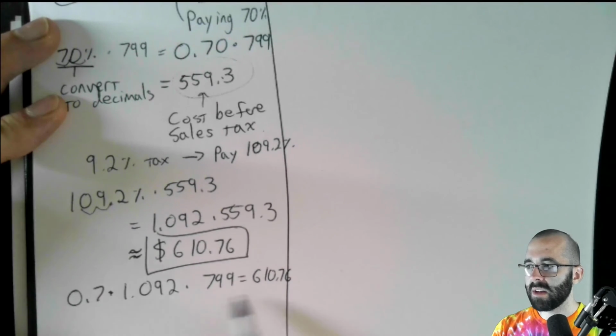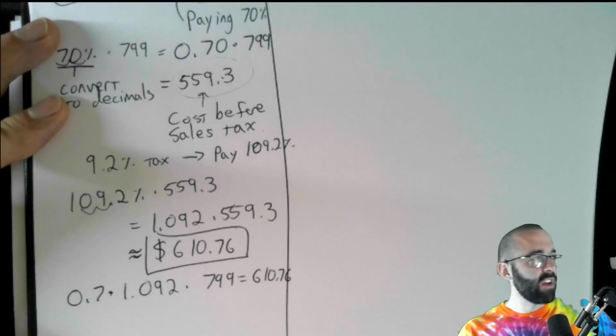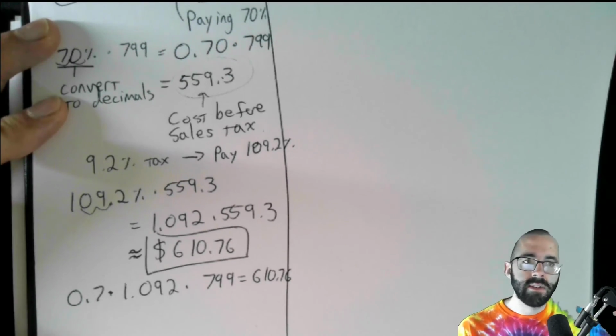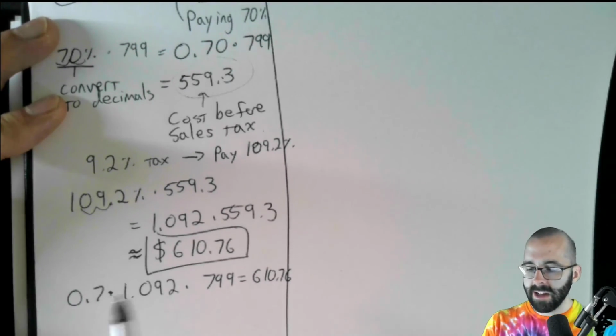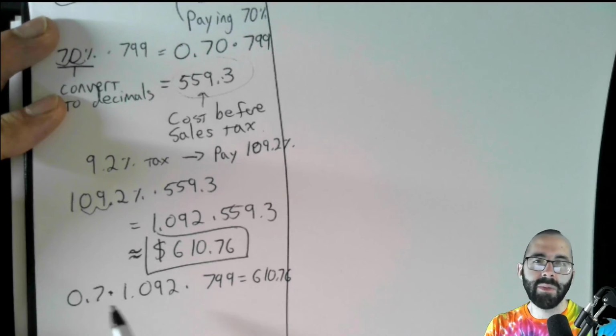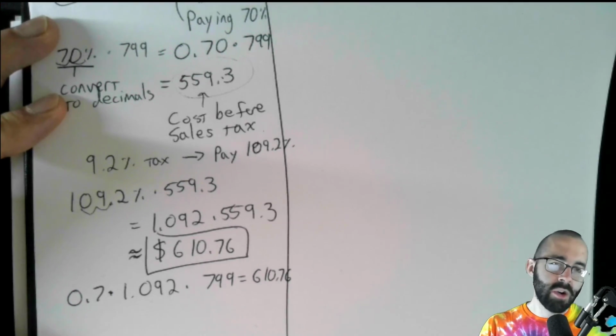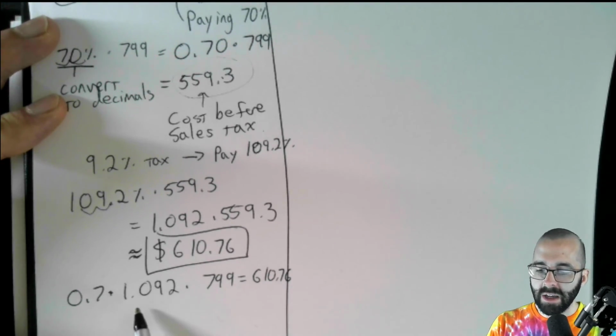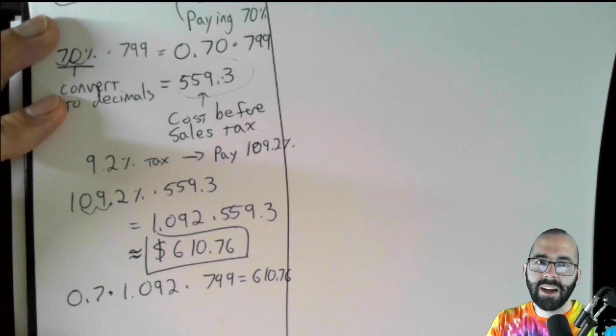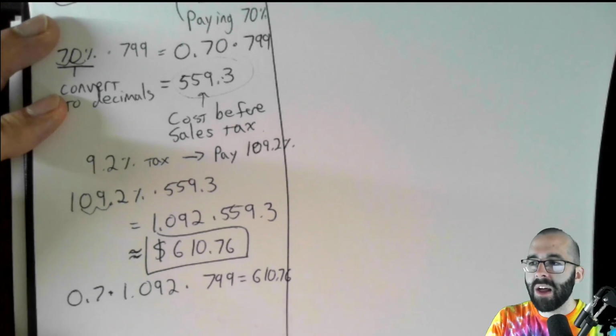If you wanted to do it this way, you could. And it doesn't matter which order you apply them. It doesn't matter if you add the sales tax and then the discount, or the discount and then the sales tax, because we multiply in any order and it doesn't matter. It doesn't matter whether we make it cheaper and then more expensive, or more expensive and then cheaper, because of multiplication. But usually we apply the discount first, but it'll lead to the same mathematical answer.